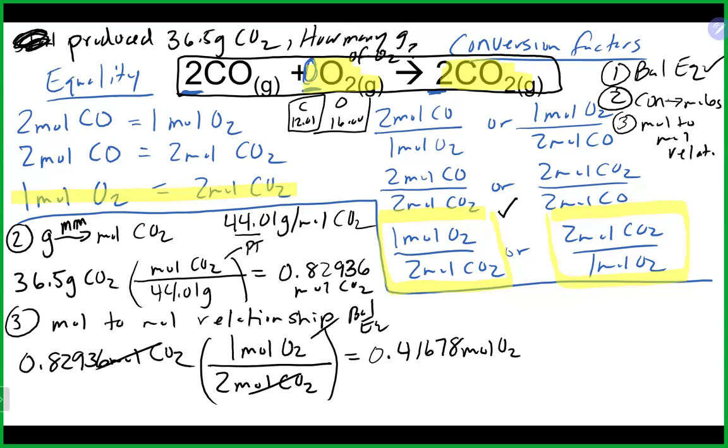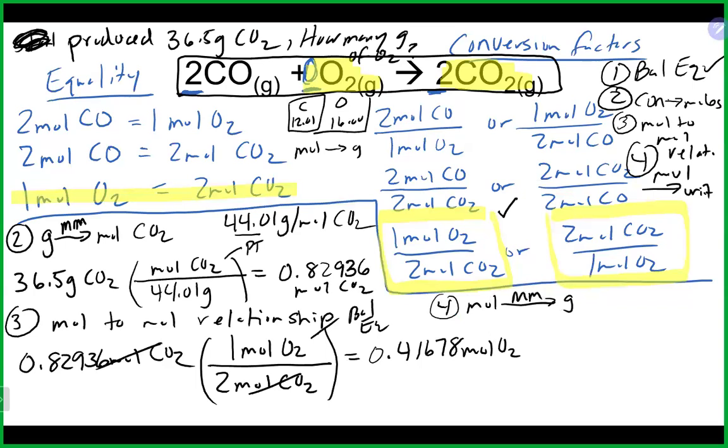So I'm going to do the 4th step, which is take those moles to some other unit, which in this case is grams. So I now need to go from moles back to grams in my 4th step. And how do I go from moles to grams? I need the molar mass from the periodic table.